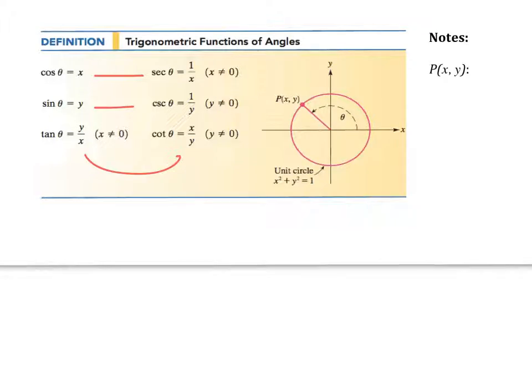Okay? All right? Second thing that you have to understand is if you can remember the ones on the left, the others, we just said, are all the reciprocals. Understand that cosine is your x value, sine is your y value, and then tangent is your y over your x. Now, when I go to write it, I'm actually going to do it different than the way they have presented it.